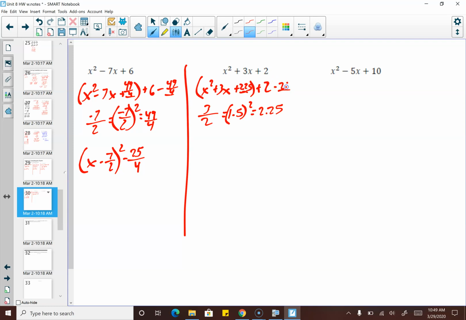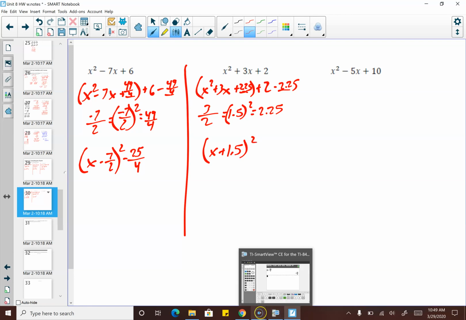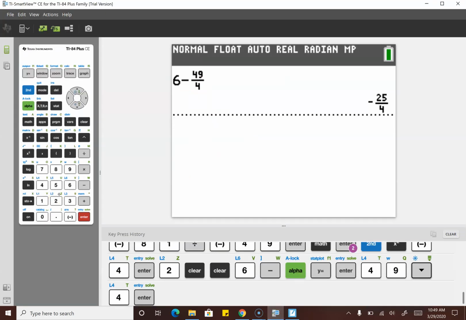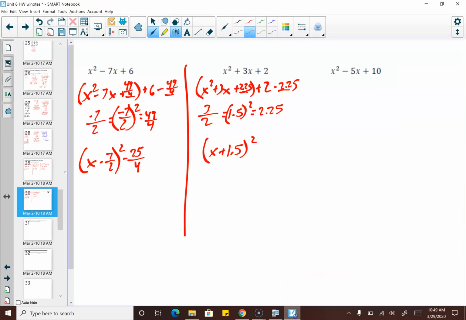So I've got to sandwich those numbers in on those lines a little bit. I know my parenthesis is going to be x, and we're going to be plus 1.5 squared here. And then again, we're just going to use our calculator to do 2 minus 2.25, which is going to give us a negative 0.25. Okay, you could put the 0 out in front, kind of up to you.